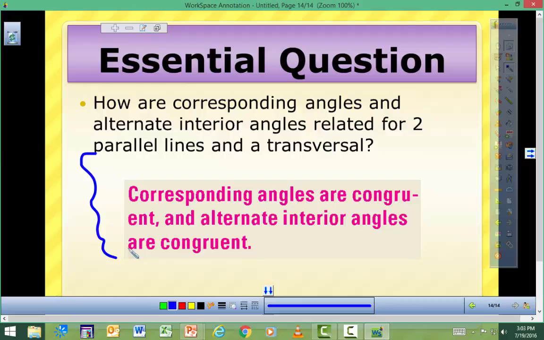The main thing is you have to train your eyes to visually see these types of angles as you look at the diagrams, and keep in mind the diagrams will get more complicated on the assignment, so there often might be more than one transversal. So that being said, good luck on it, and we'll see you tomorrow.